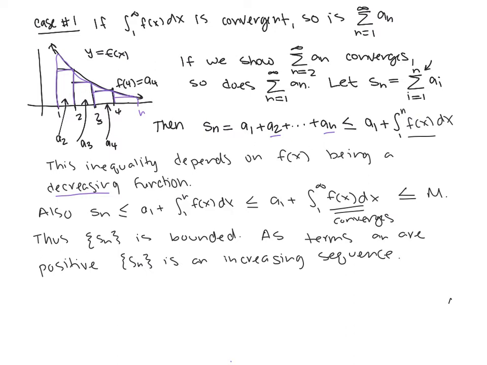So as n increases, you add more and more things, and if you're adding positive things, this sequence of partial sums will be an increasing sequence. And so thus, the S_n converges. You don't know what to, you just know that it converges. And the sequence of partial sums converging means the series converges.